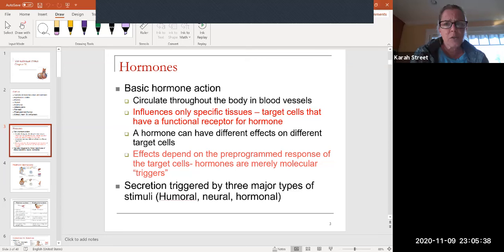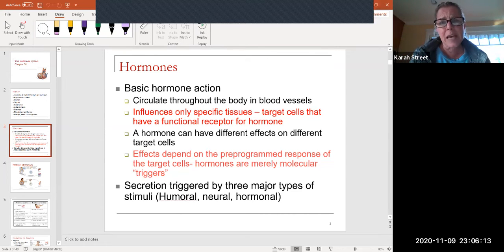Just like when the neurotransmitter was released into the neuromuscular junction, something you learned in lecture unit 1, skeletal muscle cells had a receptor for that acetylcholine. Same thing for a hormone. A target cell must have a receptor, and not just a receptor, it has to be functional, because if it's dysfunctional, then even if the hormone is released, the target cell can't respond to it because its receptor is broken.